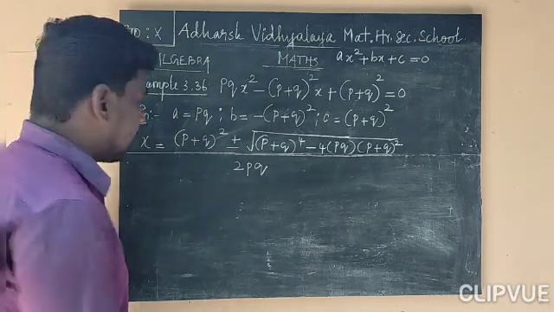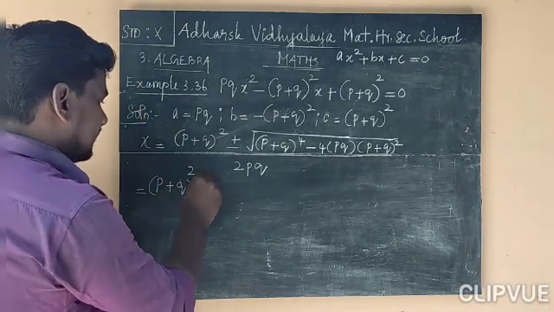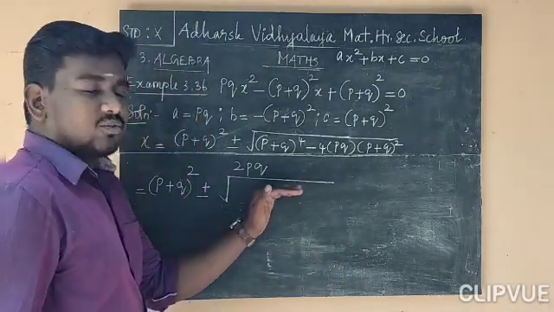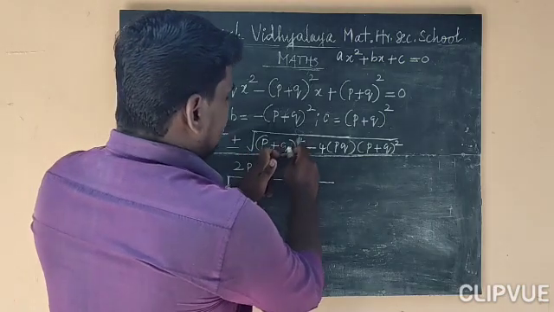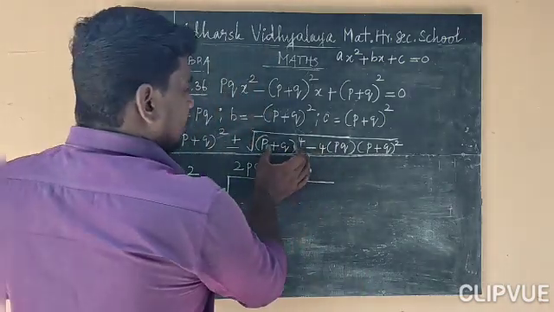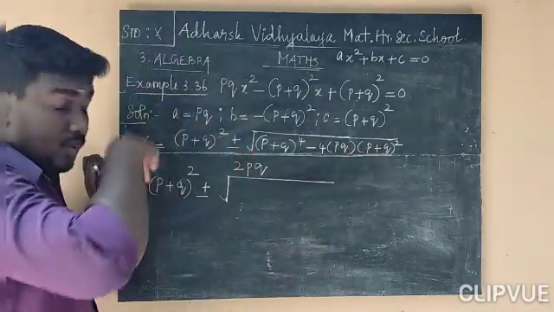Listen here, it is p plus q whole square plus or minus root of, inside the square root we have p plus q whole square, here also p plus q whole square, that is common factor. There are two terms we have, first one, this is second one. Both terms have p plus q whole square common.